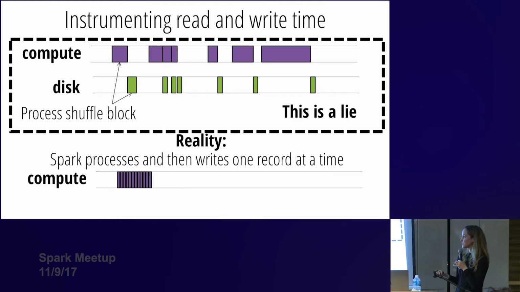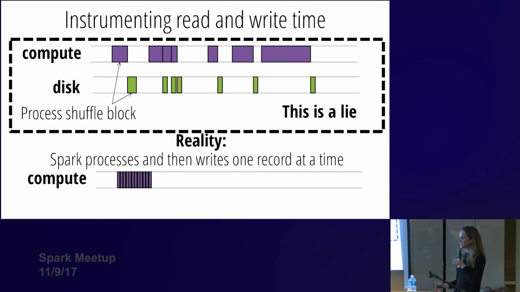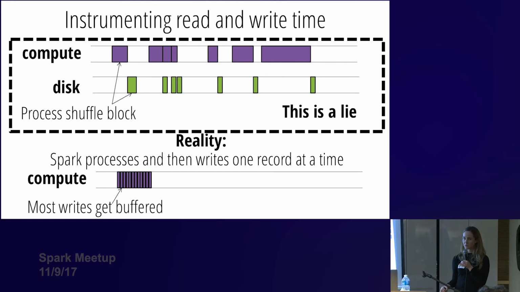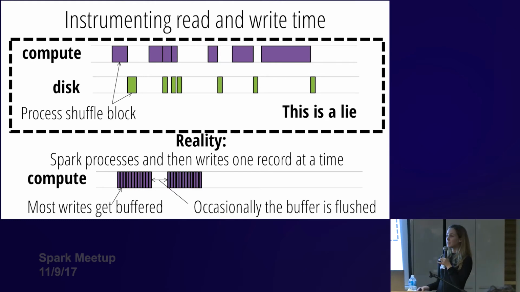Instead, Spark uses this old technique from the 80s called the volcano operator model, where it actually processes one record at a time. The compute thread will compute on one record and then write it to disk, and then compute on the next record and write it to disk. Most of those writes will get buffered, so they happen really fast, and then occasionally the buffer will fill up and get written to the disk.